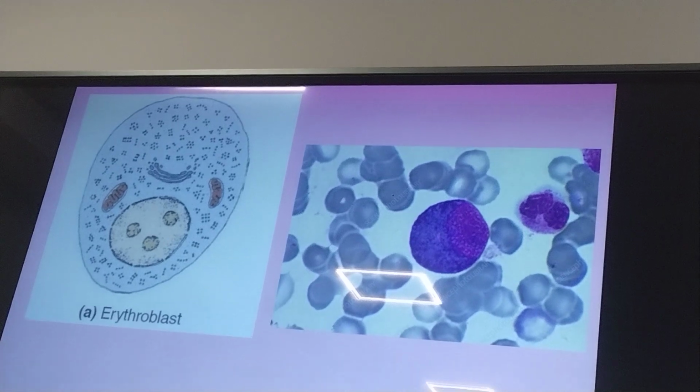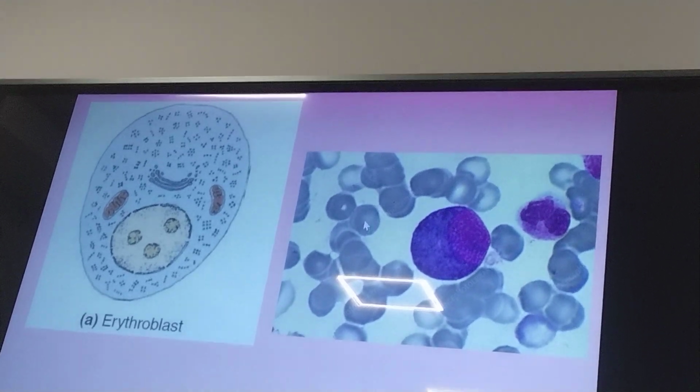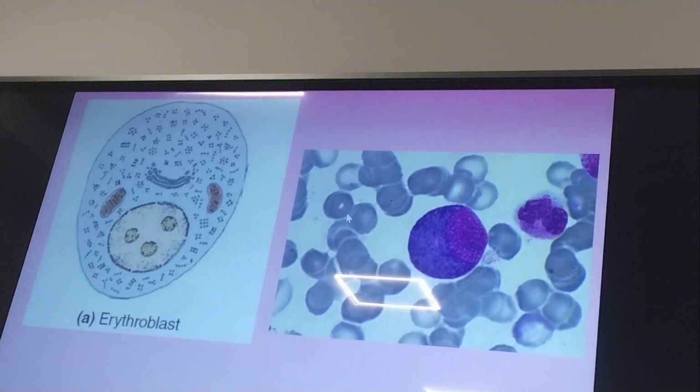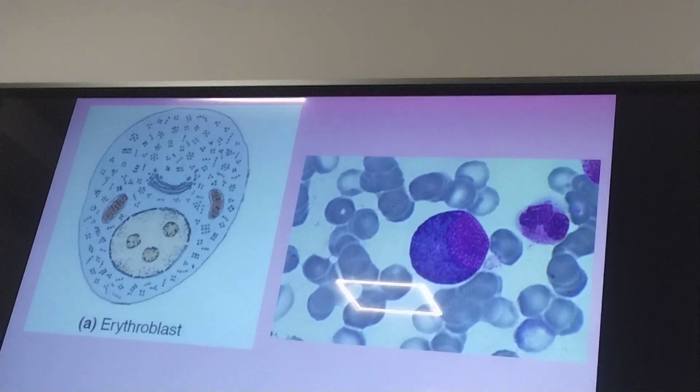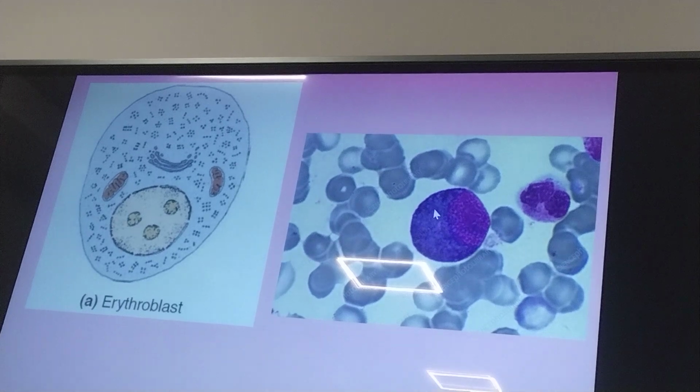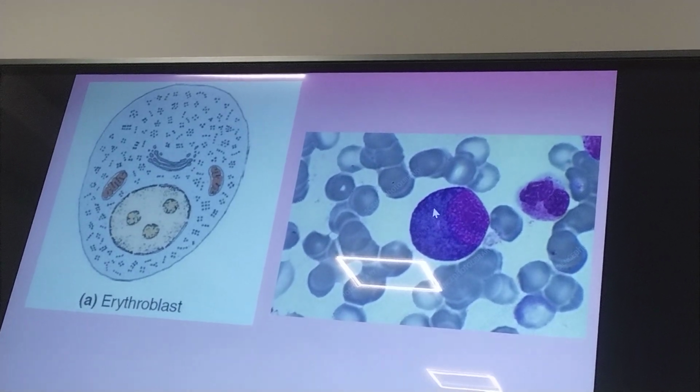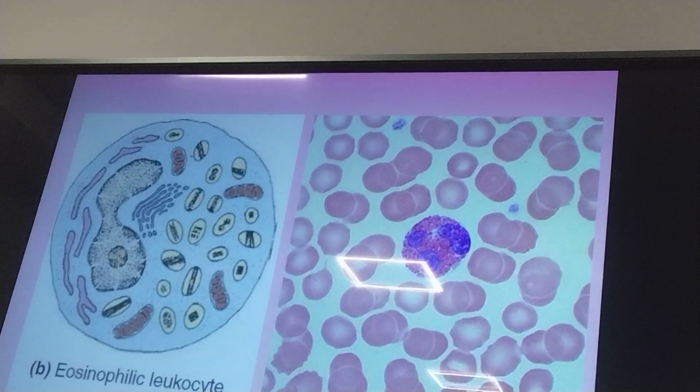This is a different staining method than for ordinary erythrocytes. They are not red because it's a different staining method. But we can clearly see the basophilia of the cytoplasm of this cell.